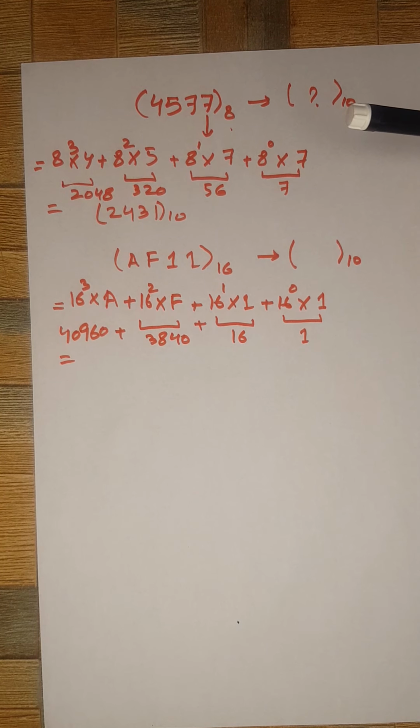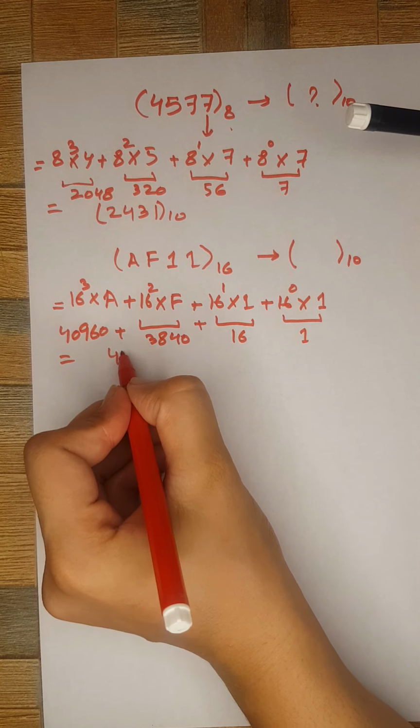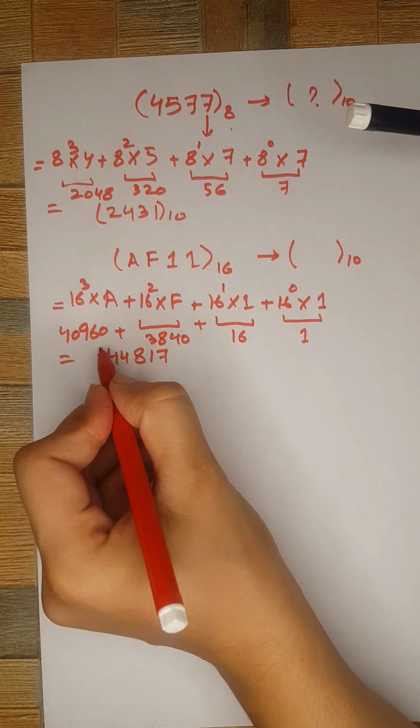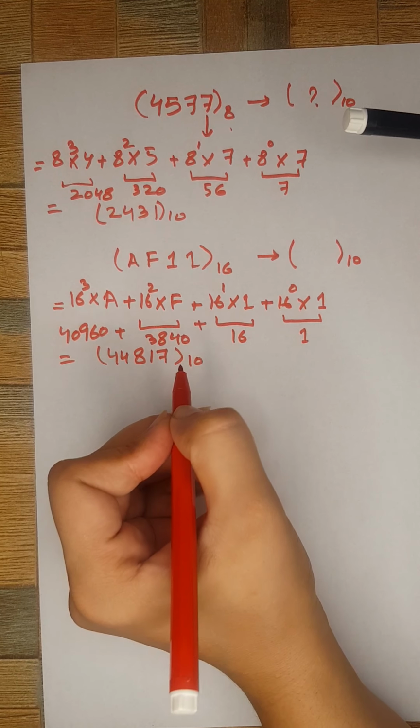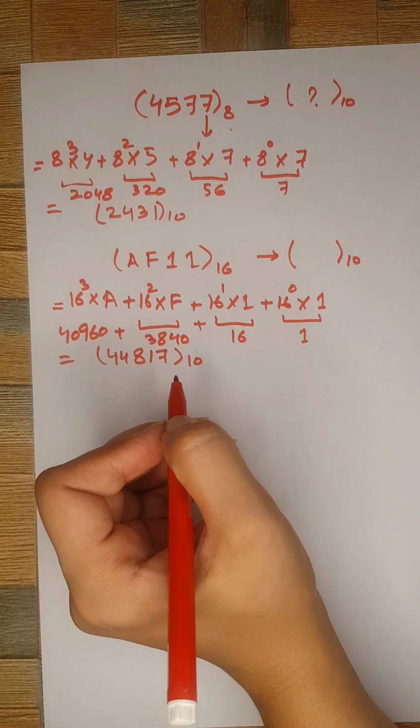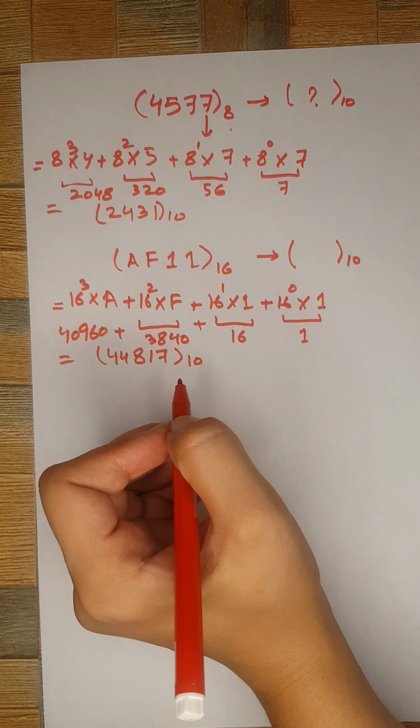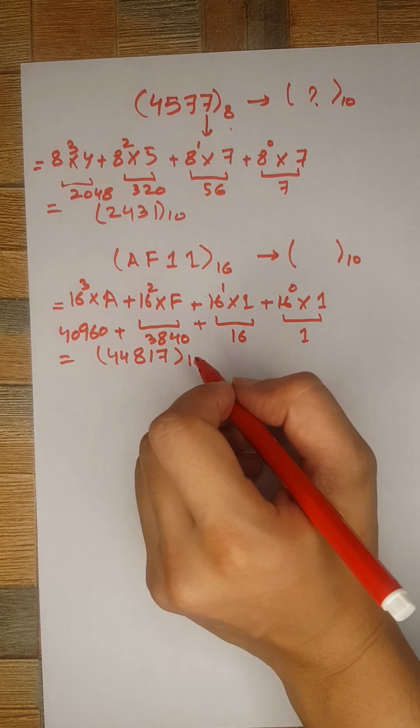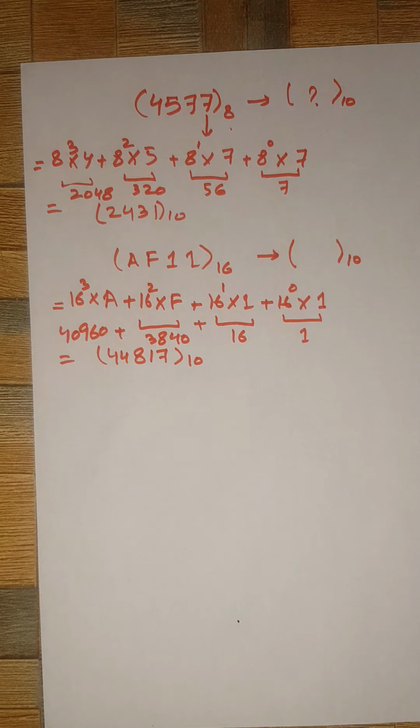When you sum all these results, you will get 44817 in decimal. So we have done examples that had non-fractional parts.